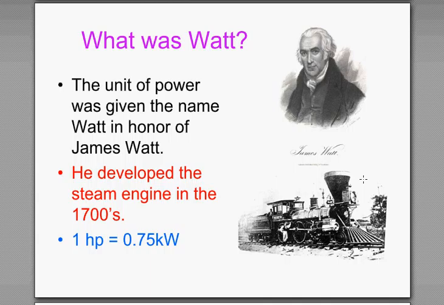So when you want to compare two things, like if I wanted to compare two students, you have to find quantifiable values. And so he tried to see how much work his steam engine could do, and he compared it to the resident source of power of the day, which was the horse.